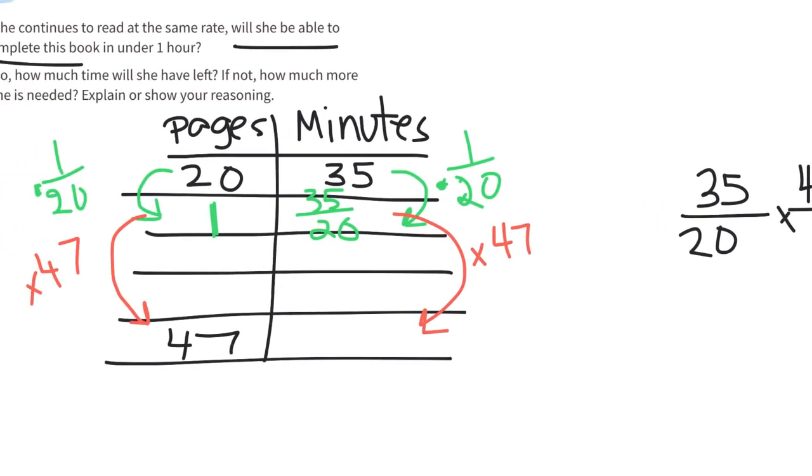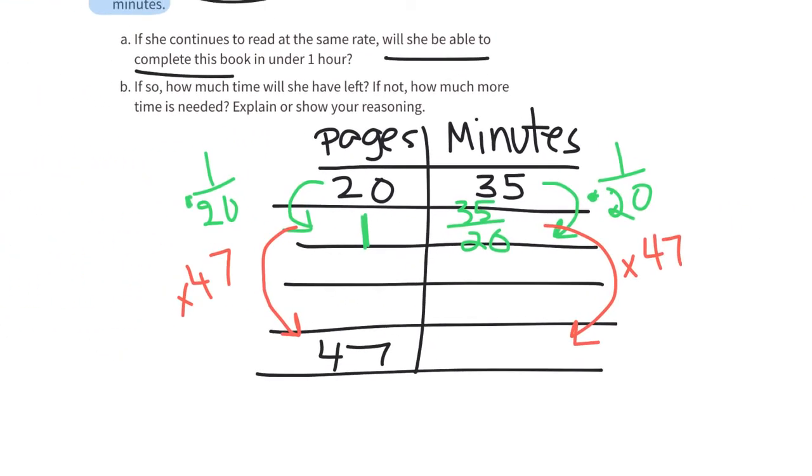So now we can go back. So how many minutes is it going to take? It's going to take 82 and a quarter. So does she have enough time to read this book in under an hour? Nope. In fact, she's definitely over an hour because we see that it's going to take her 82 minutes.